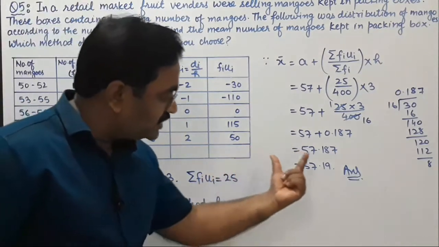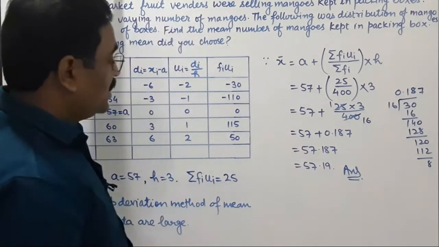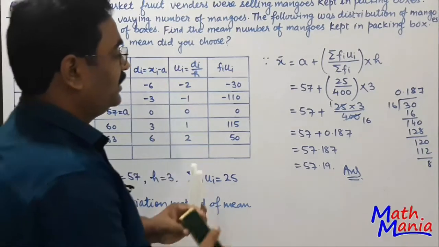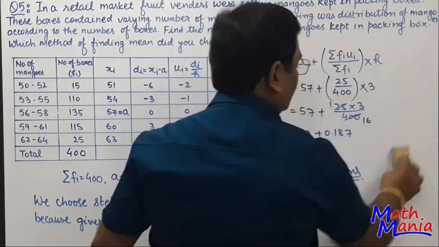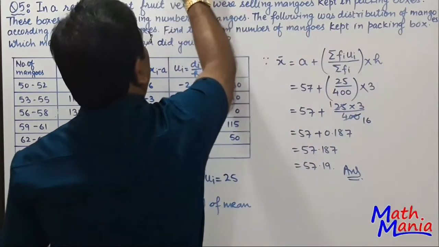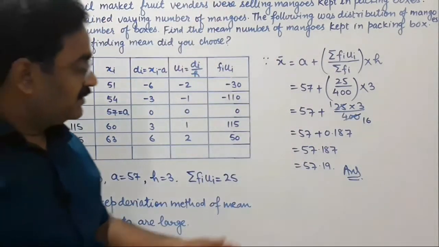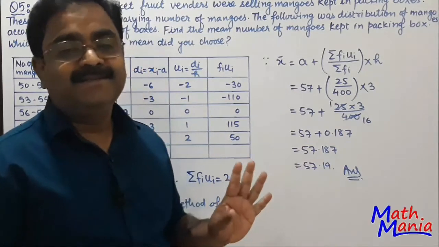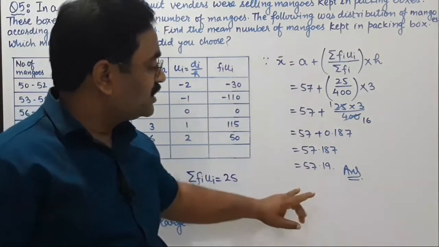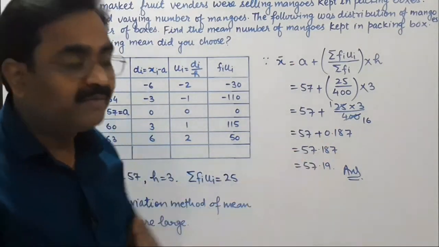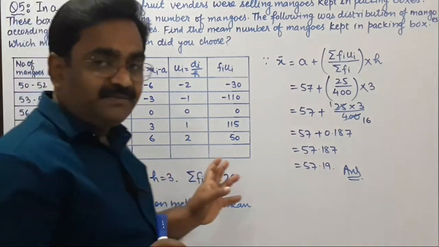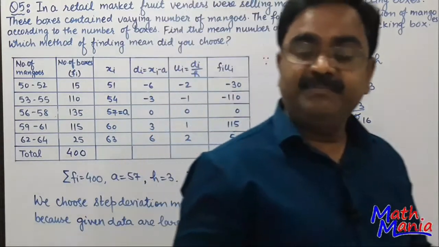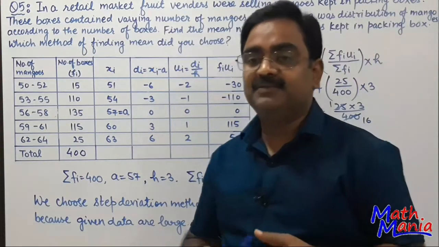So the average number of mangoes are 57.19 mangoes should be kept there in one box. From this result you can say, the mean number of mangoes are 57.19. So dear friends, I think it is clear from you all. If there is any problem, any difficulty, you can ask the question.